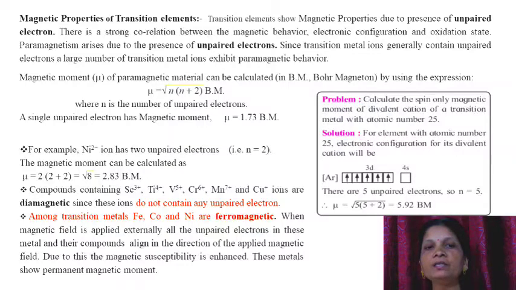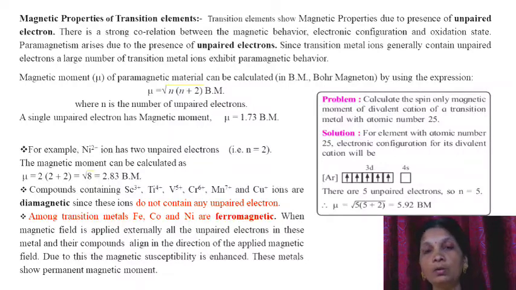When a magnetic field is applied externally, all the unpaired electrons present in these metals and their compounds align in the direction of the applied magnetic field, and due to this the magnetic susceptibility is enhanced. These metals therefore show permanent magnetic moment and are considered ferromagnetic.